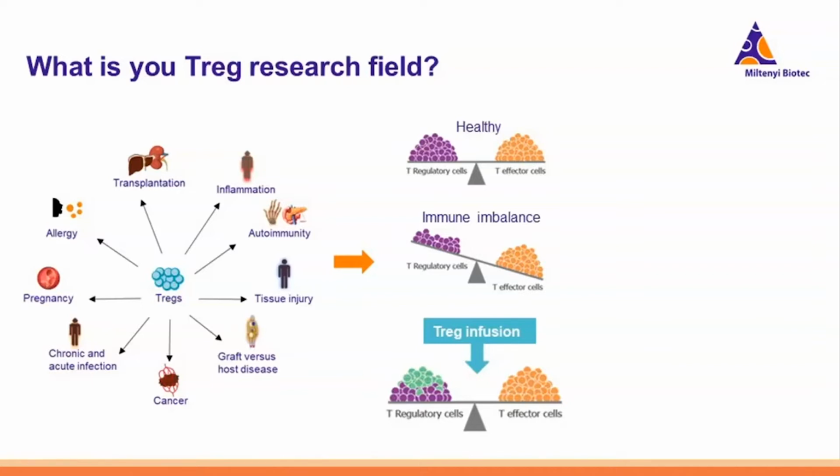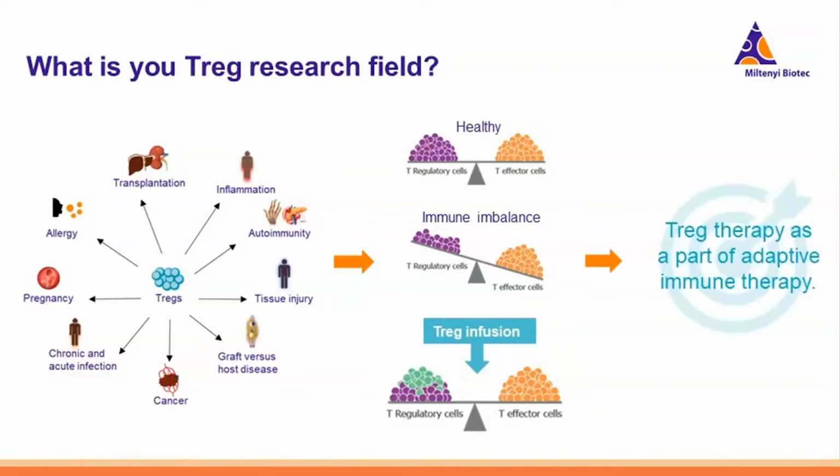However, in some circumstances, this balance is disturbed, like in GVHD, autoimmune disease, or in the condition of organ transplantation or rejection of the organ. The reason which underlies the immune imbalance can be diverse. And adoptive immune therapy with Treg cells leads to the reestablishment of the immune balance. That is the reason why Tregs have been a very attractive candidate for cellular therapy in recent years.